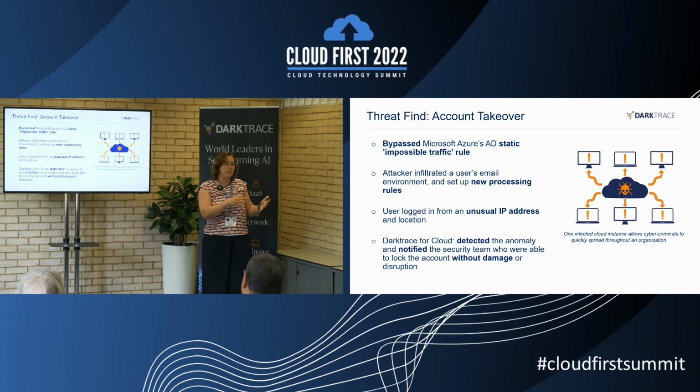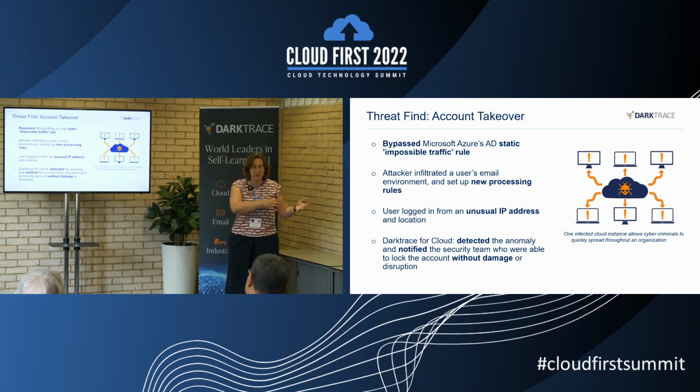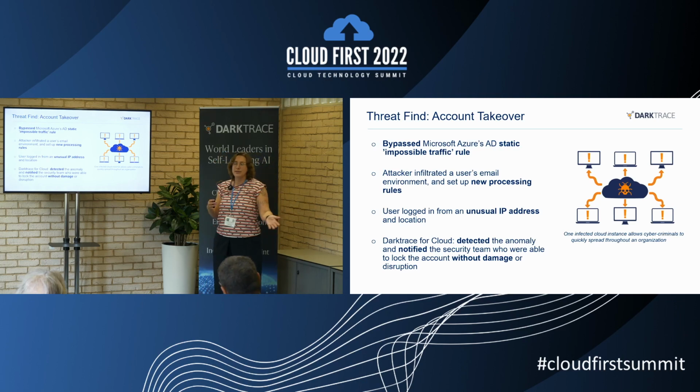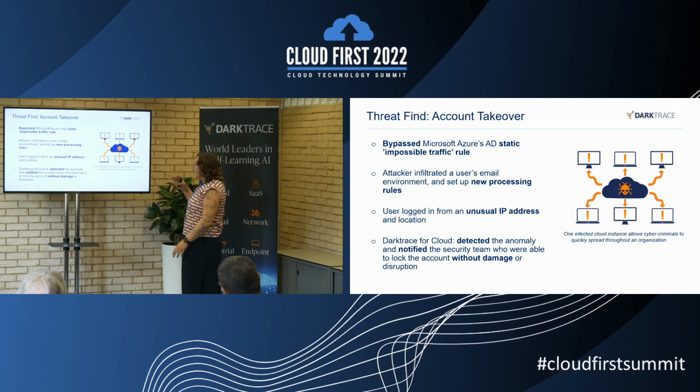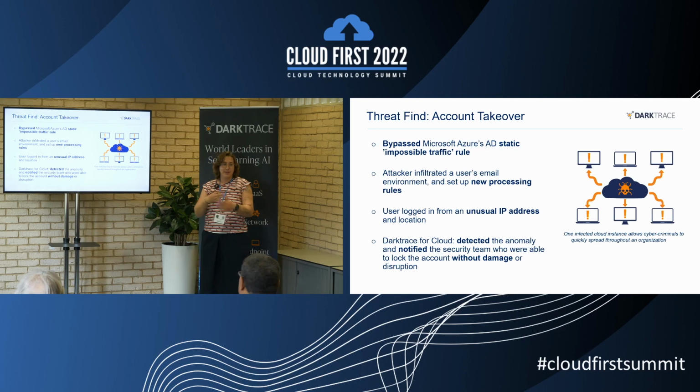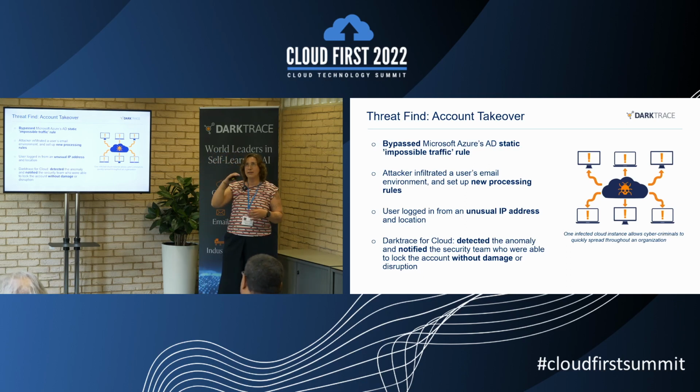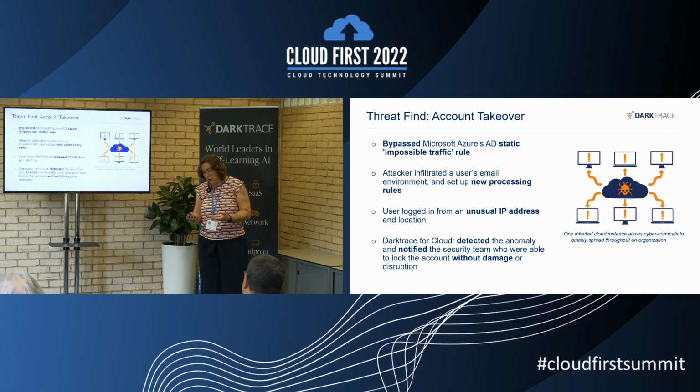Also, nobody in the company ever logged in from a different location while already being logged in somewhere else. The attacker then infiltrated the user's email environment and started new processing rules for every incoming and outgoing email to be moved into a different folder, thereby trying to hide that the attacker is in the compromised user's account.